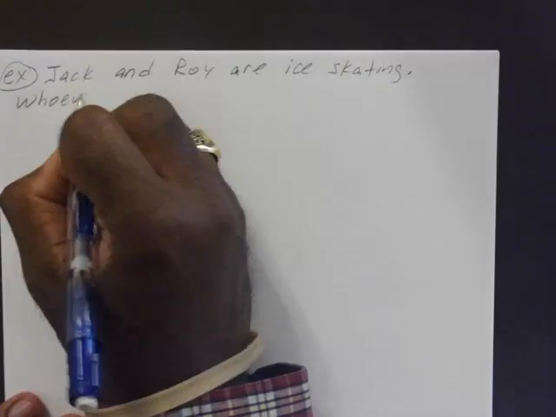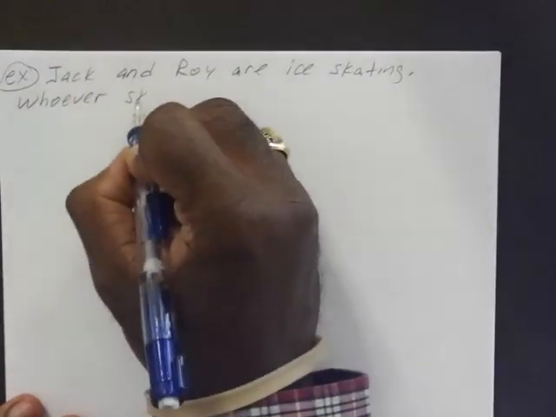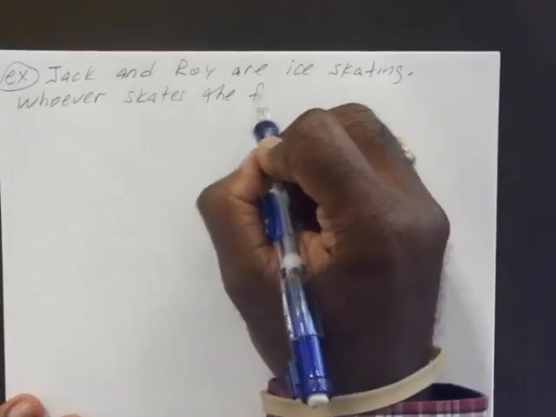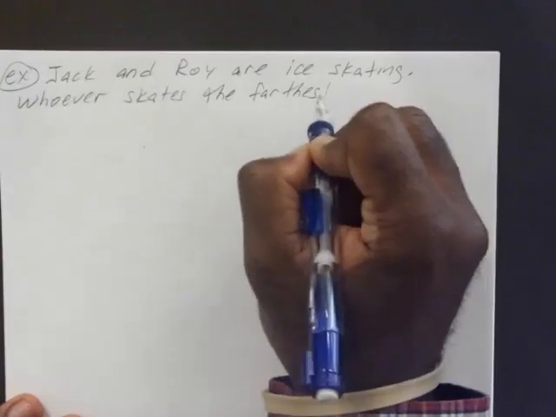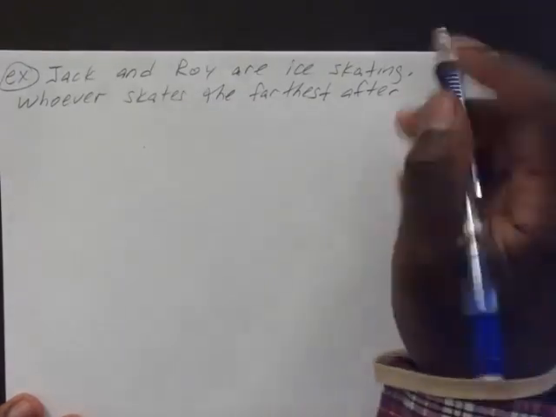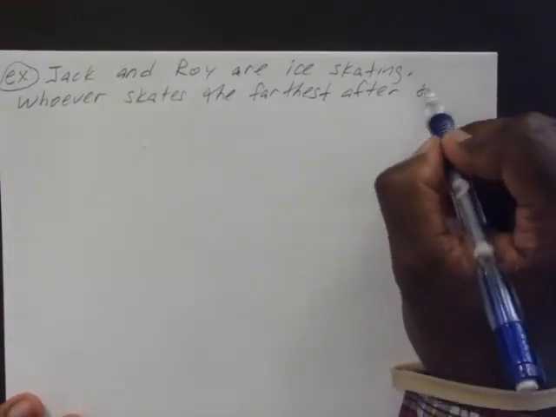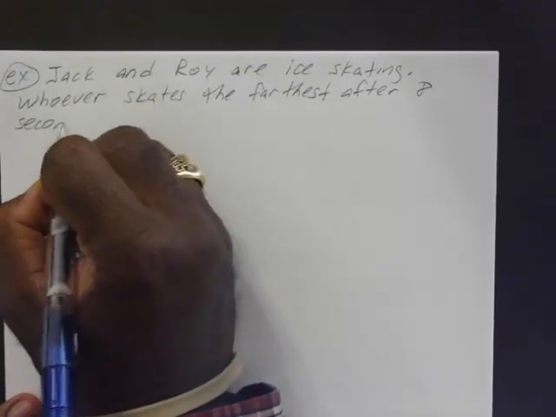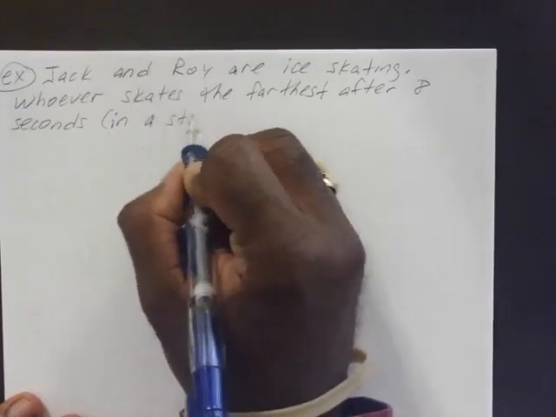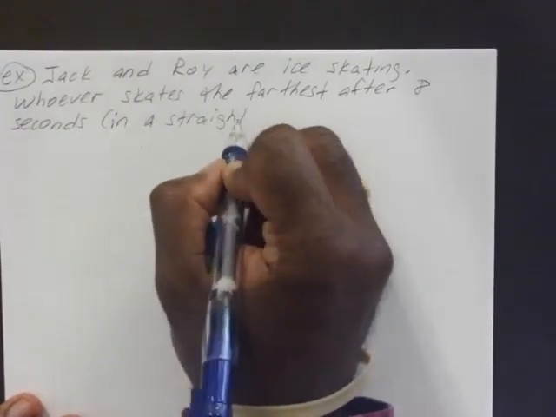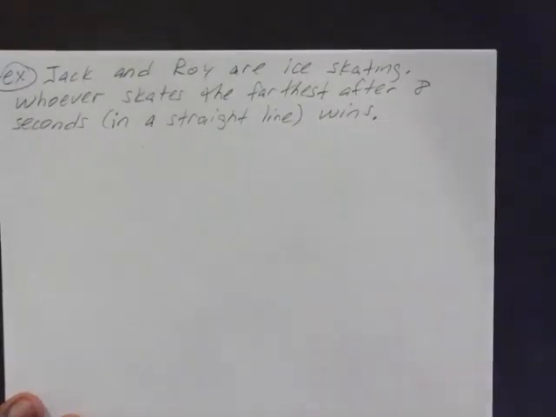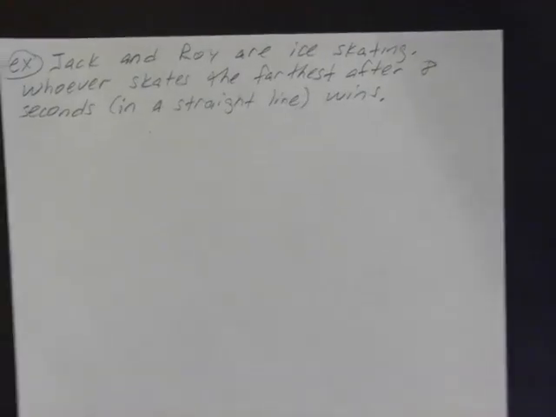So we want to know whoever skates the farthest after 8 seconds in a straight line wins. There we go.